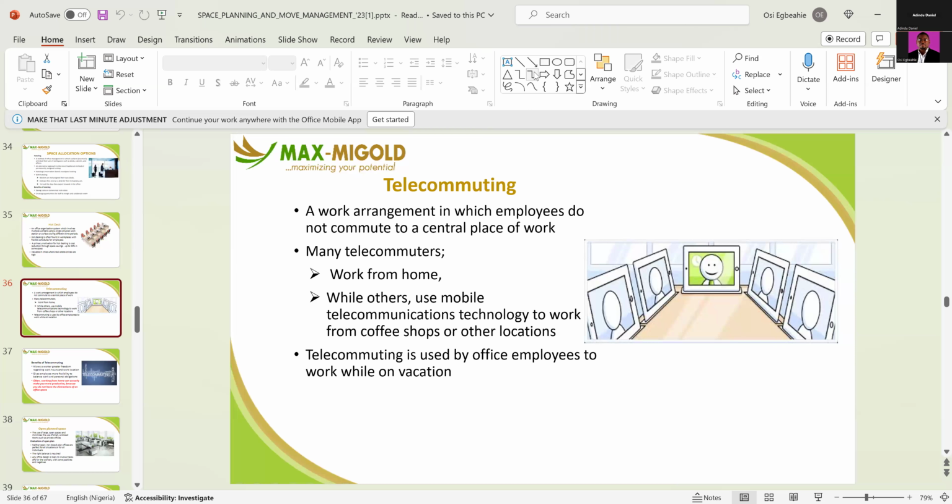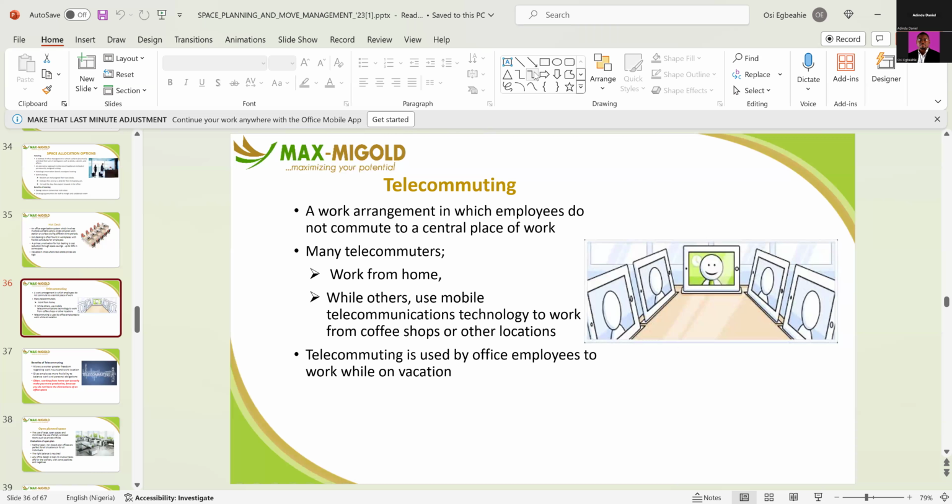Telecommuting. This is where you have things like teleconferences, a work arrangement in which employees do not commute to the central workplace. They can be in different locations.